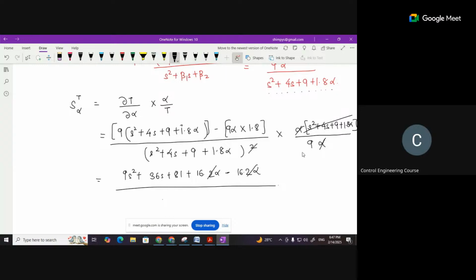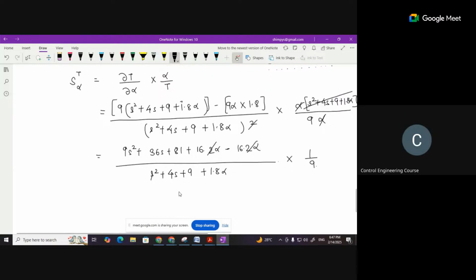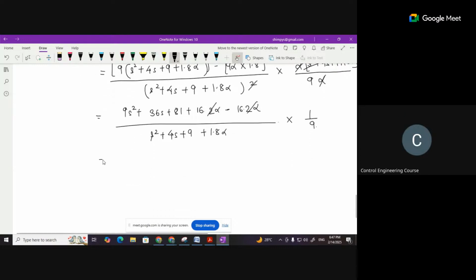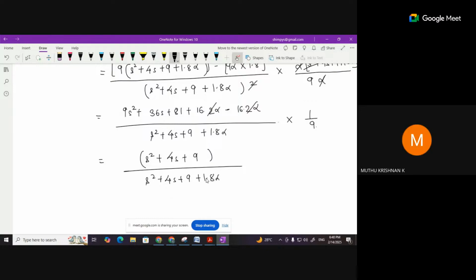Here we are left with 1 by 9, and this is s square plus 4s plus 9 plus 1.8 alpha. So if we divide it by 9, we have s square plus 4s plus 9 in the numerator, and here we have s square plus 4s plus 9 plus 1.8 alpha. Correct? Yes, ma'am. So we got this sensitivity.